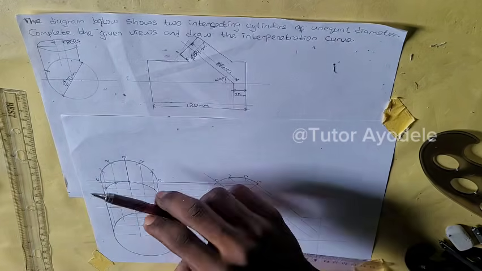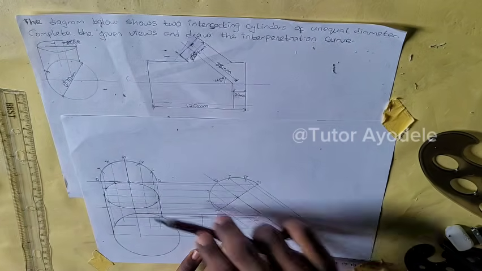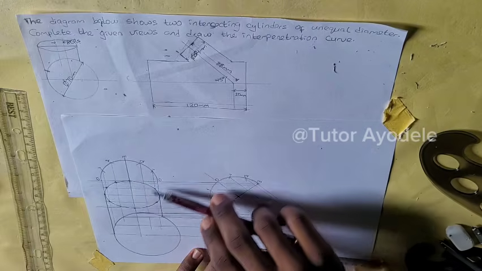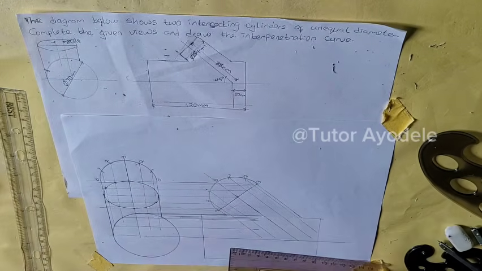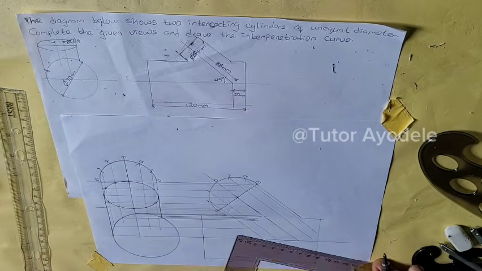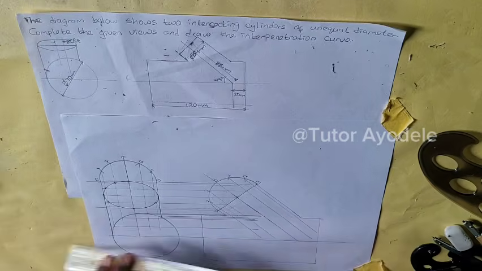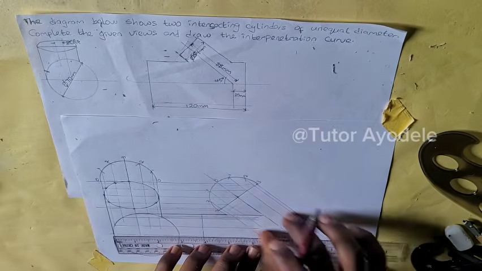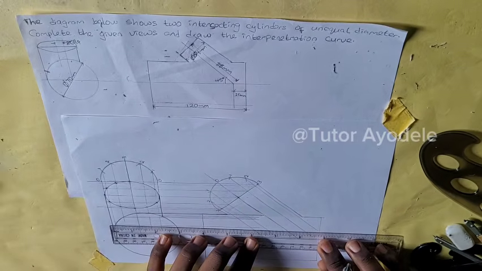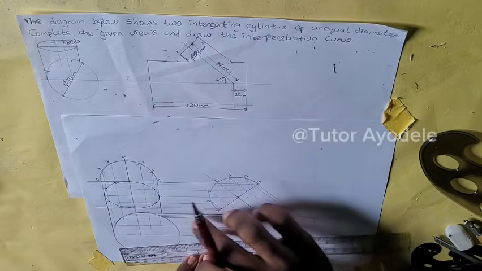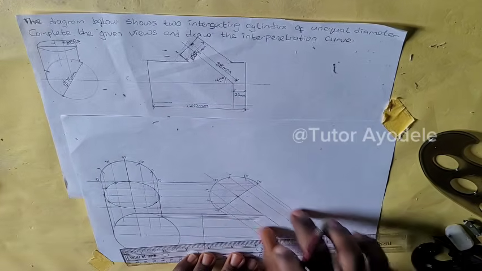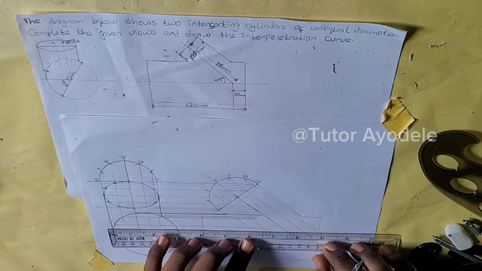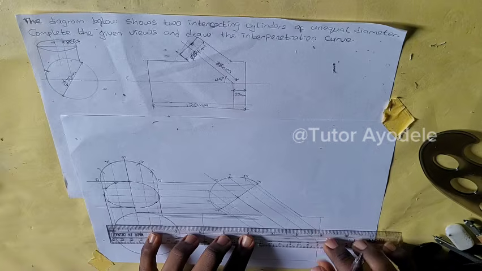So we've gotten for 0, 1, 2, 3, 2, 1, and 0 again. Let me extend these lines completely so that they'll meet with these lines coming down.